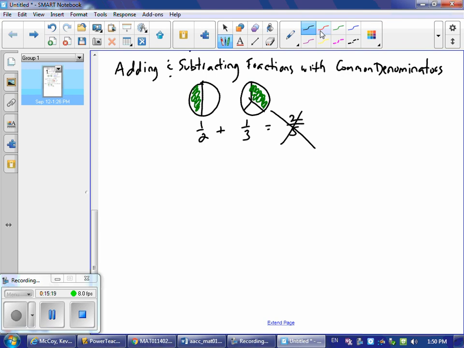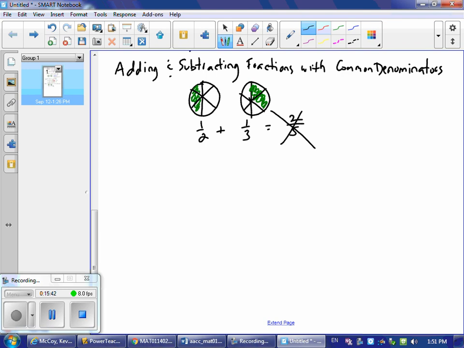So if I cut these pies into equal sixths, okay, now I have that pie cut into sixths, and I'm going to do the same thing with this pie. I've now cut the pies into equal sixths. They both have exactly the same amount of slices.